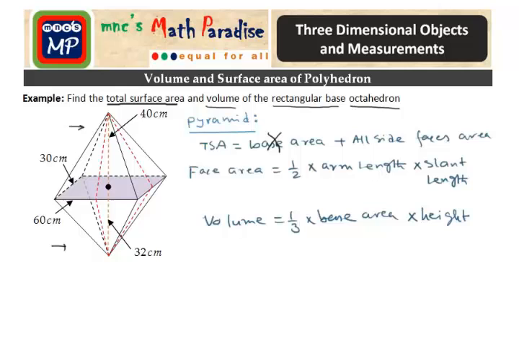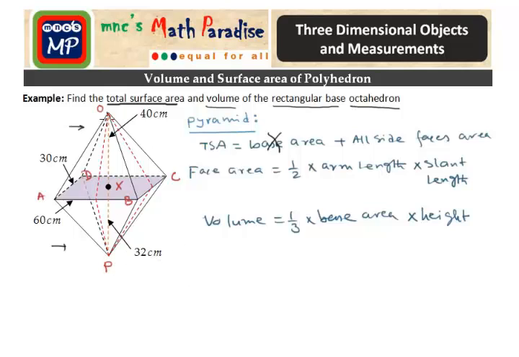Let us name this octahedron O, A, this is B, this is C, and this is D. Let us name the base center X, and give the name P to the other apex.